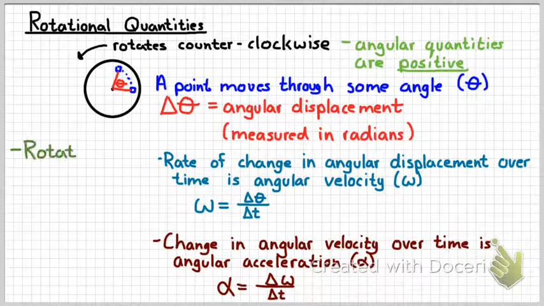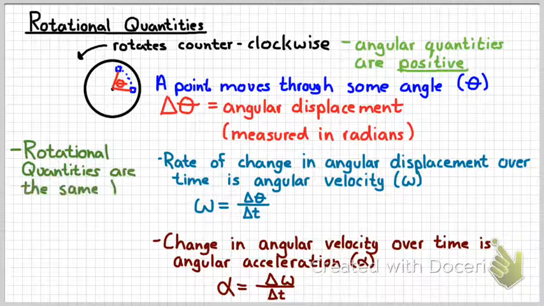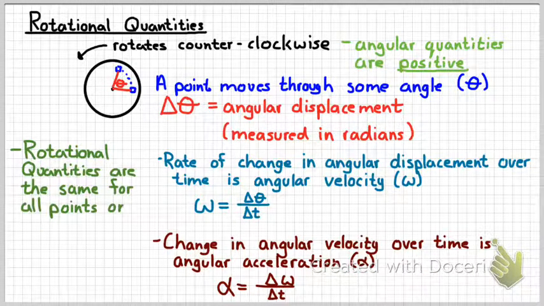Now the reason that these rotational quantities are so important is that they're the same for all points on the rotating object. The linear quantities are still useful, but not as useful because they're different depending on where you are on the object. For instance, a point farther out on the rotating object has a higher linear velocity than a point near the middle.